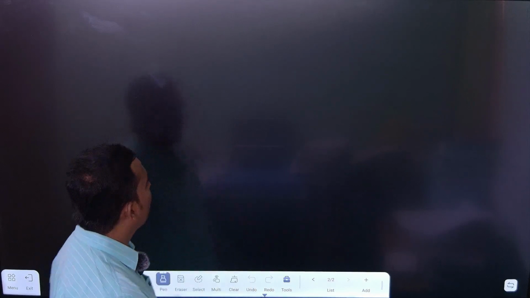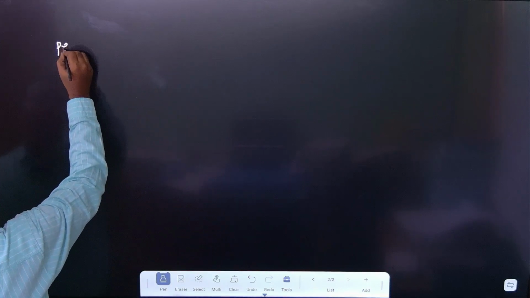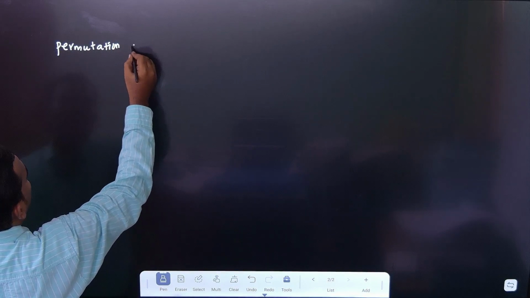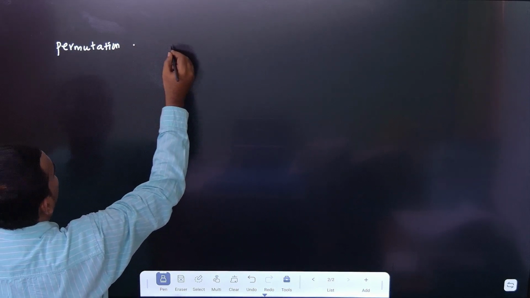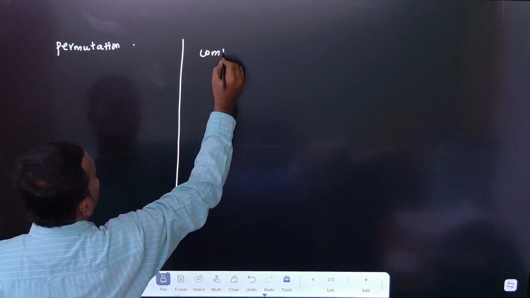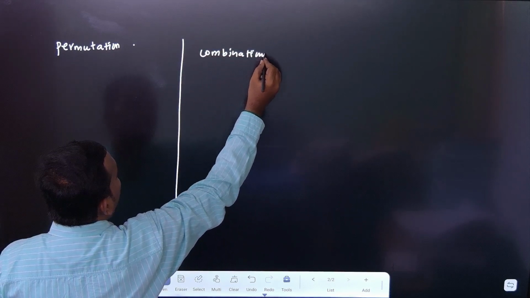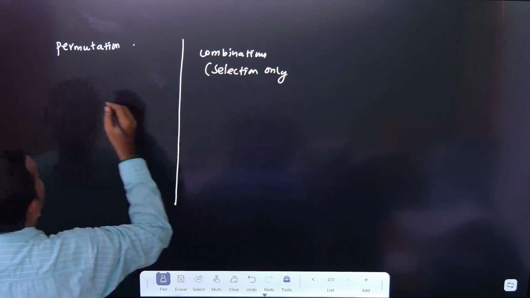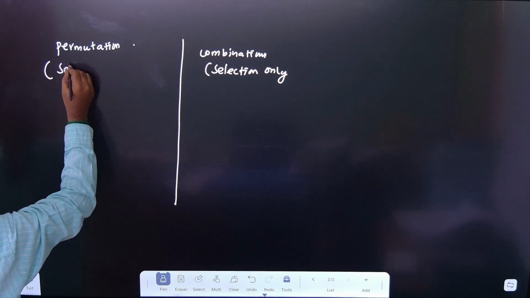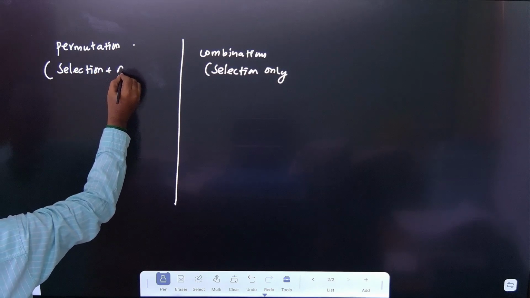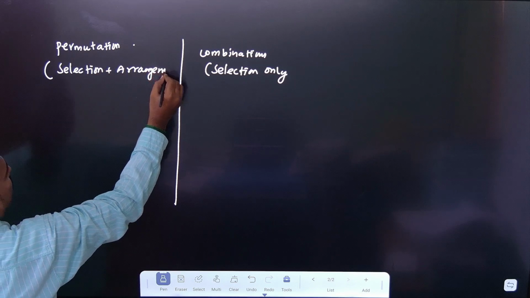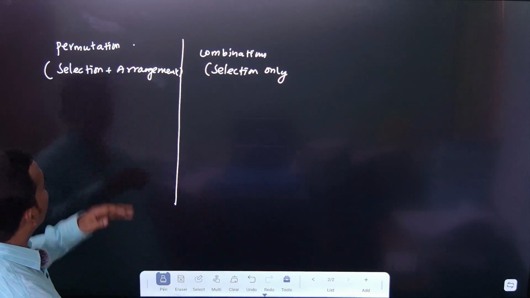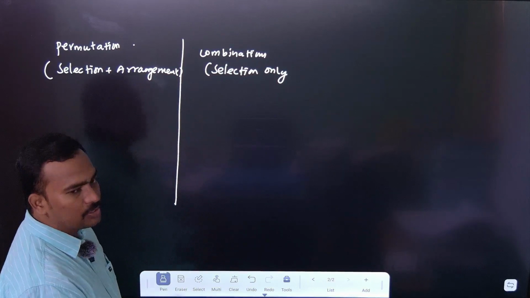First we have to understand permutations, and then combinations. Combinations are selections only. Permutations are selection plus arrangements. Clear? Selection plus arrangements means permutations, and combination is selections only.